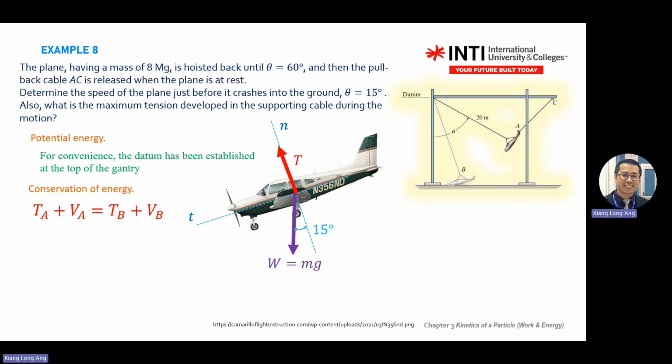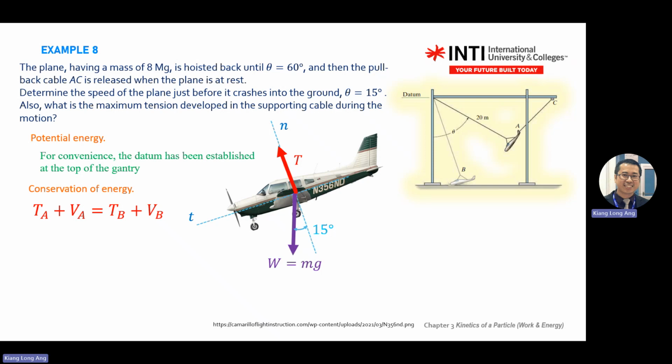Before we start, I did give you the slides, right? What is conservative? What is non-conservative? Why can we remove it? In the principle of work and energy, it is the energy at 1 plus the change of work equals the energy at 2.